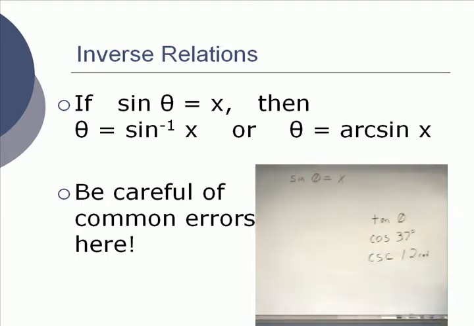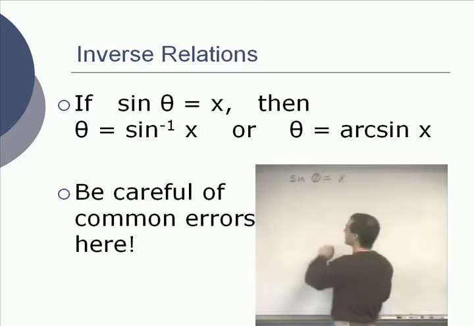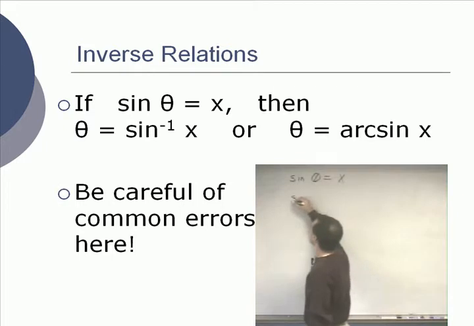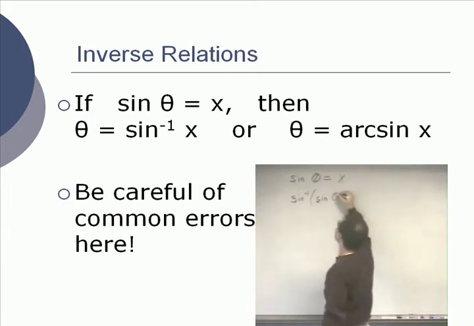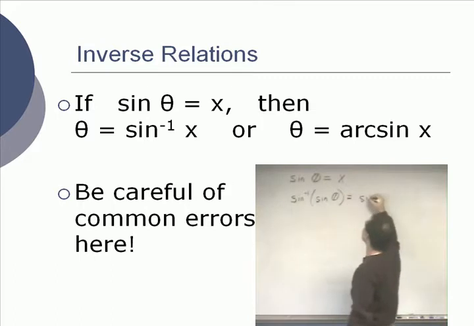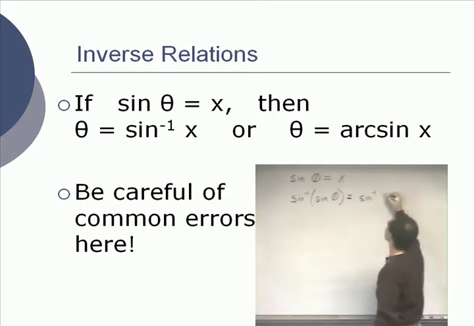So we want to get theta by itself. What we have to do is apply another tool, an inverse function. Back in Tech Math 1, we worked with inverse functions. They reverse the role of a function. So we apply the inverse sine to both sides: the inverse sine of sine of theta is equal to the inverse sine of x.